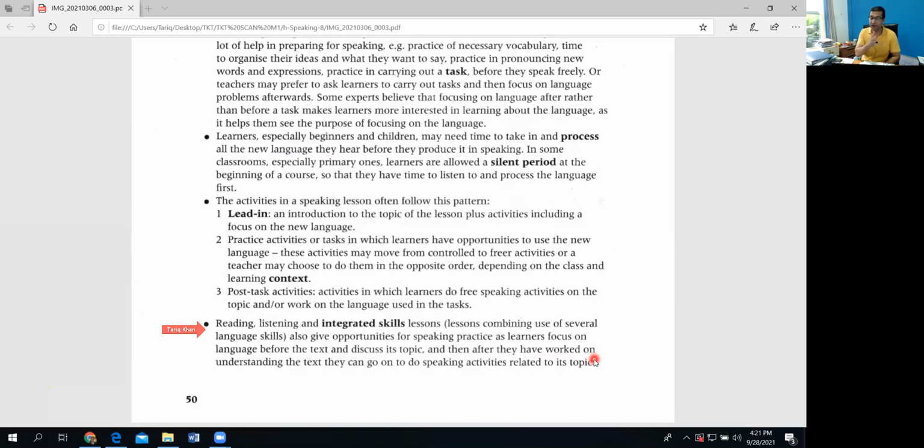You do a reading part and then you discuss with the class, everyone. So that is integrated skills. You are doing one skill practice and along with that, you do another skill practice also. Is it clear? These type of activities also you can involve in the speaking practice, like listening and then speaking, reading and then speaking. Okay. Is it clear? Yes, sir.